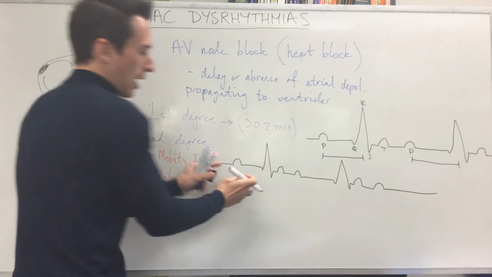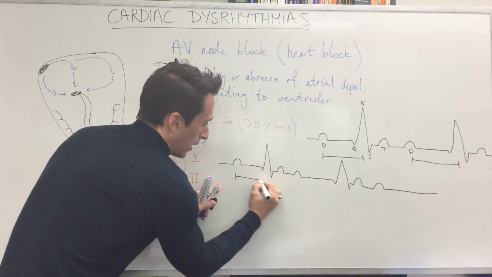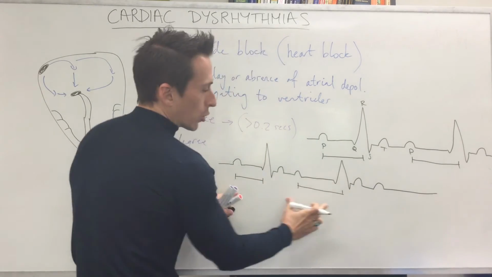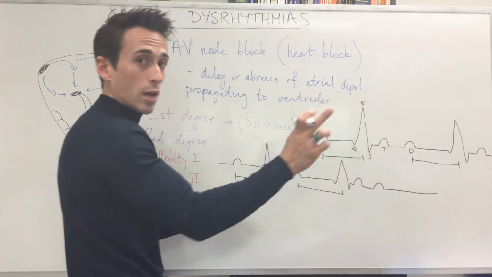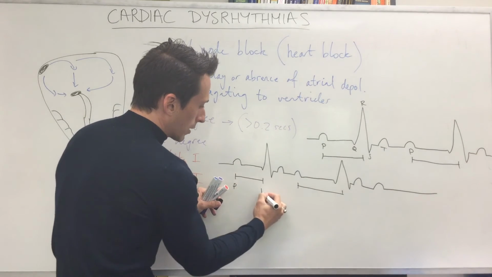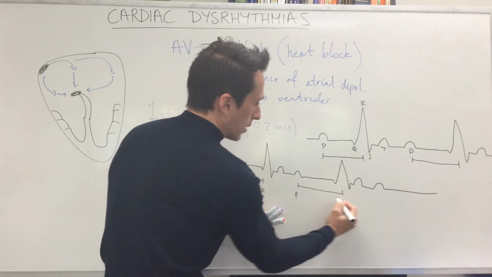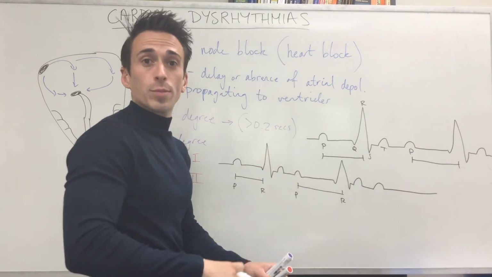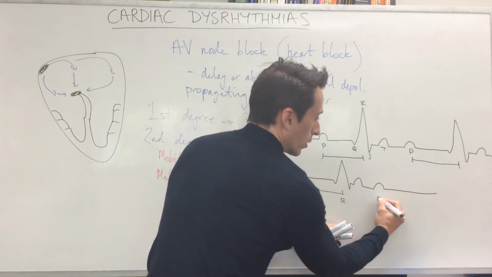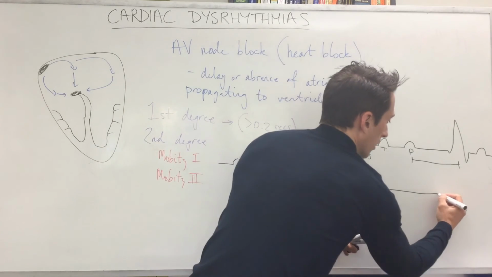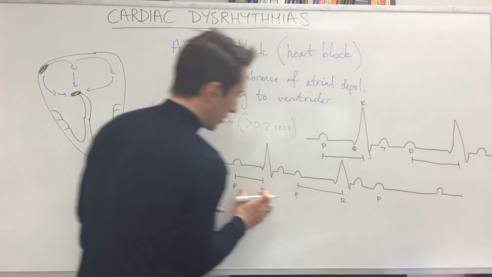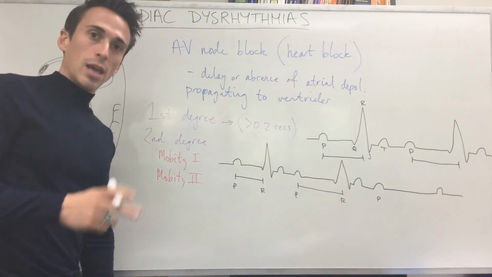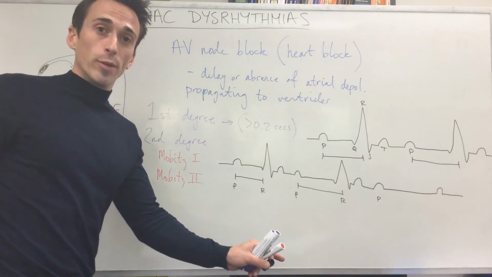And what you'll find is as these P to R intervals get longer and longer, which you don't see in heart block 1, at some particular point, the QRS complex disappears. It just drops out. And then from this P, what are you going to get next? Another P. And then it goes back to the normal length, P to R. This is Mobitz 1, and you don't do any treatment for Mobitz 1.